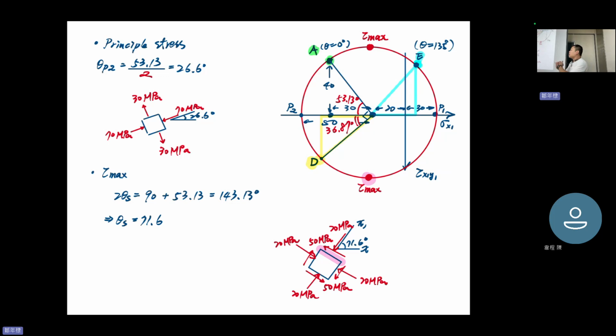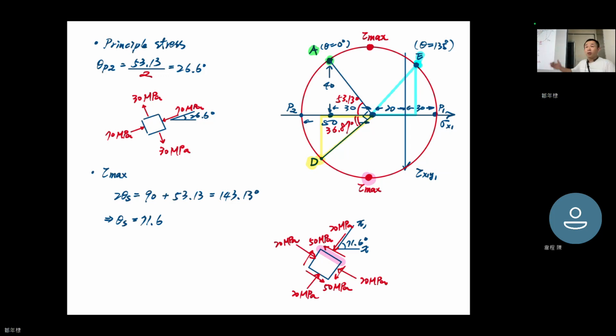All right, in the next section I would like to introduce Hooke's law. Hooke's law is quite simple for you, but now we need to take the plane stresses into account, so something relatively different.